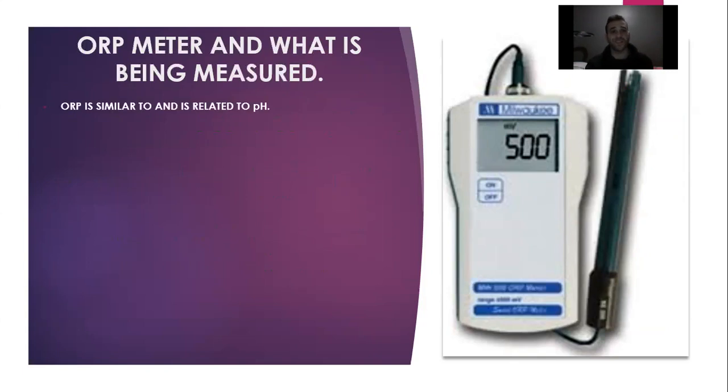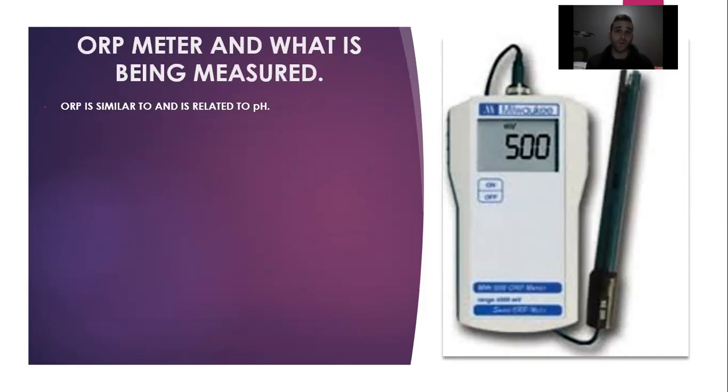So ORP is similar to and is related to pH. Now, I wanted to throw that in there because pH has an effect on ORP, especially when we're producing ionized or electrolyzed reduced water. The more negative ORP a substance has, the more alkaline it will be.